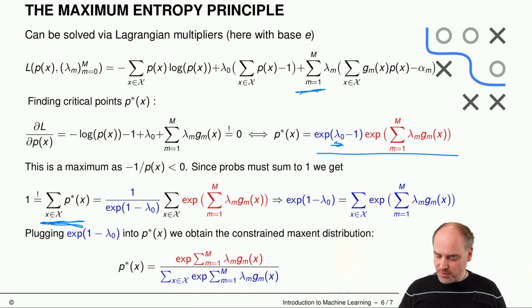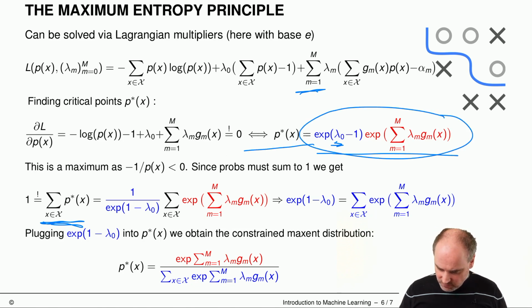The one unknown we want to eliminate is this lambda 0 here. So let's simply insert this formula here. The only thing I now did is that instead of multiplying with exp of lambda 0 minus 1, I divide by exp of 1 minus lambda 0.